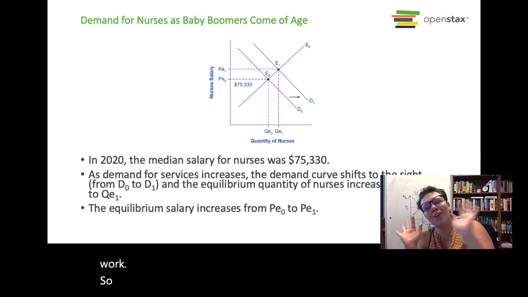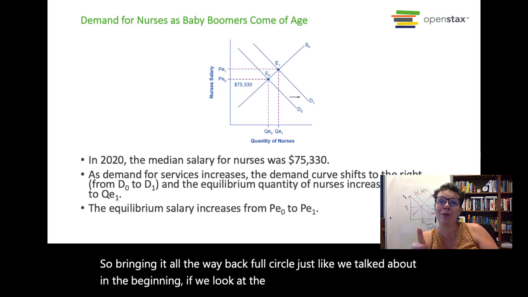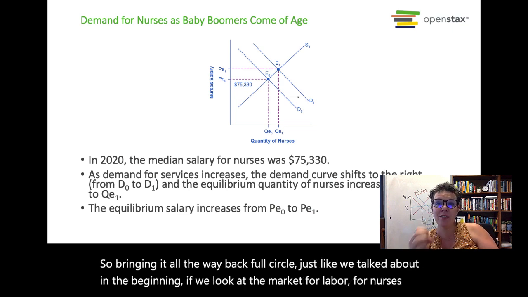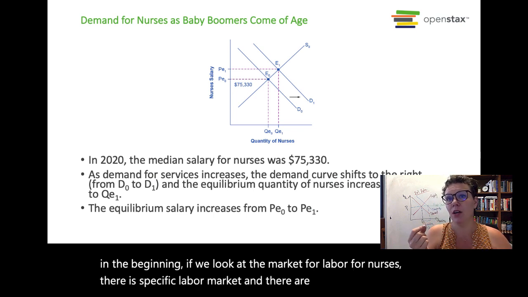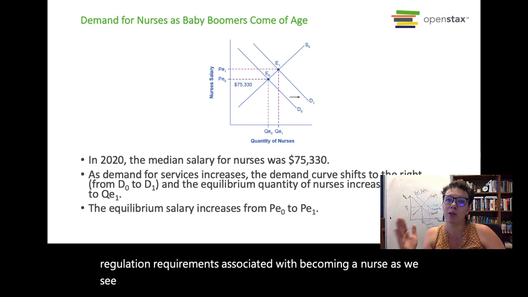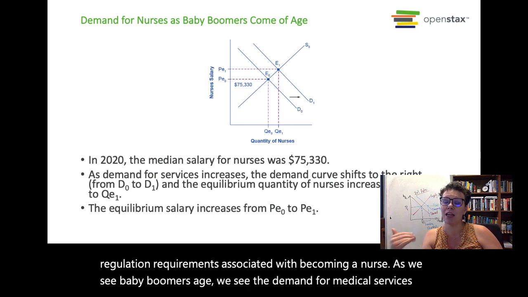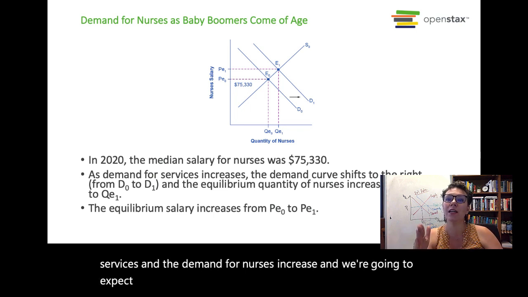So bringing it all the way back full circle, just like we talked about in the beginning, if we look at the market for labor for nurses, there is a specific labor market, and there are education and regulation requirements associated with becoming a nurse. As we see baby boomers age, we see the demand for medical services and the demand for nurses increase. And we're going to expect that to increase salary for nurses.